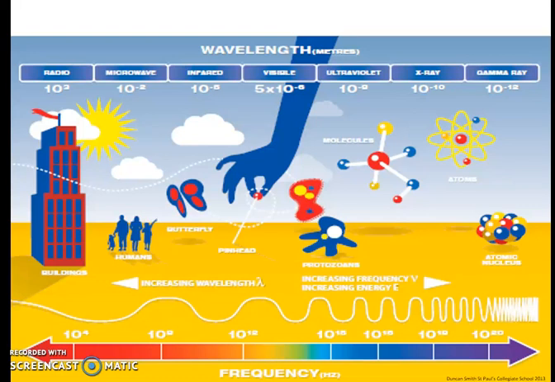Now, what is really interesting is if you take a chemical molecule and you hit it with some of this electromagnetic energy, interesting things can happen. And depending on the frequency of that electromagnetic radiation, you can get different things happening. And ultimately that comes down to spectroscopy.